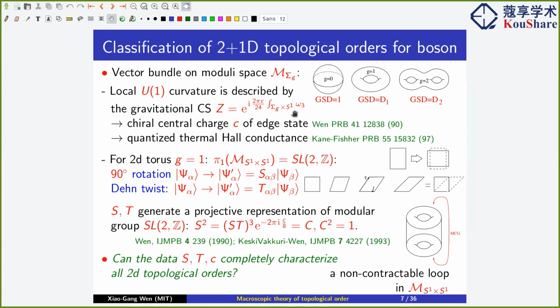And this space-time has a special geometry. The space is fixed, and time is just a circle S1. So this time direction S1 corresponds to the loop in the coupling constant space. So there's a translation from coupling constant space to real space-time.